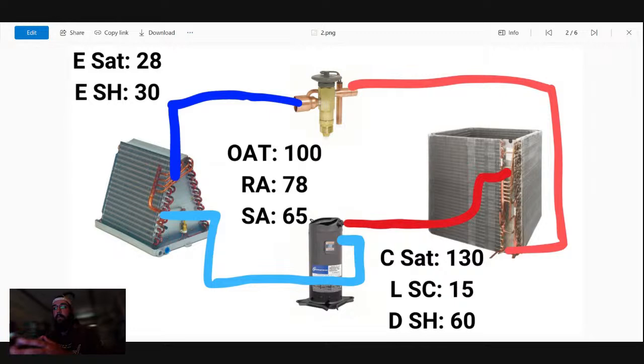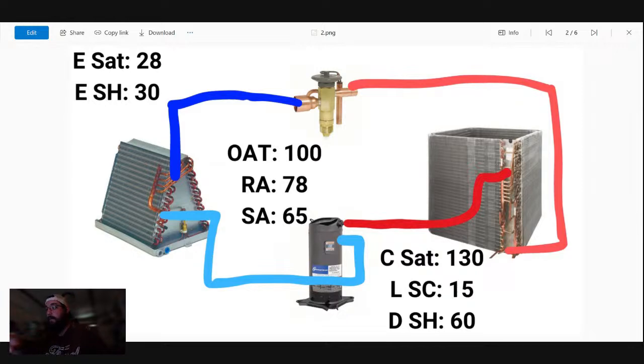Gave it plenty of time. And then we compared what the ambient on the closet was to the saturation. Everything was on point. There was no issues. So we just took that refrigerant and put that back in the system, but we're still having these numbers. That's a pretty good test, honestly.